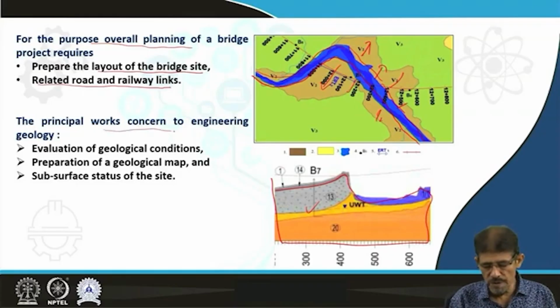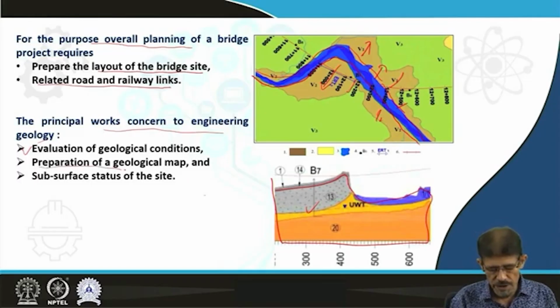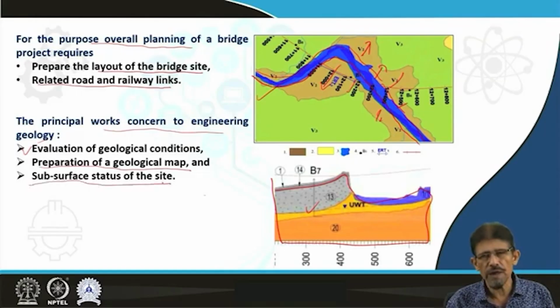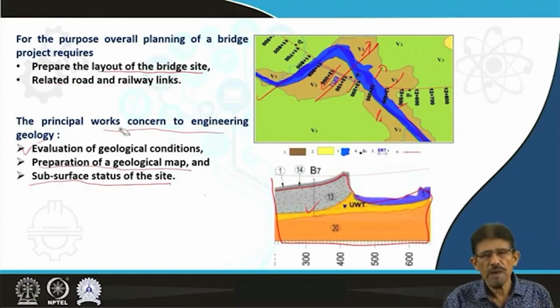So the principal work concerned with engineering geology is evaluation of geological condition in terms of lithology, in terms of structures, in terms of saturation condition, etc. Then preparation of geological map and subsurface status of site through preparation of geological section along a particular alignment, like this or along this, as per requirement and the condition of strata.